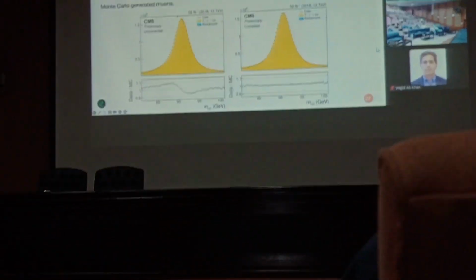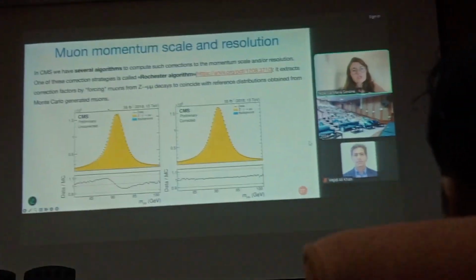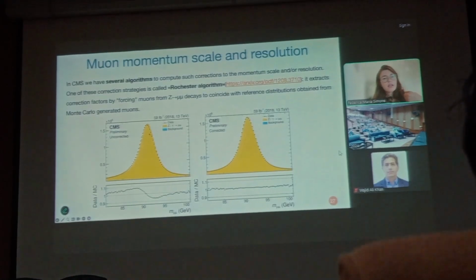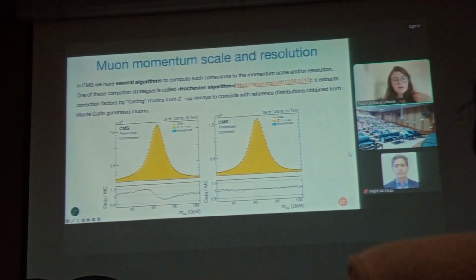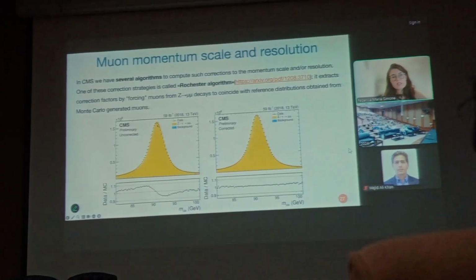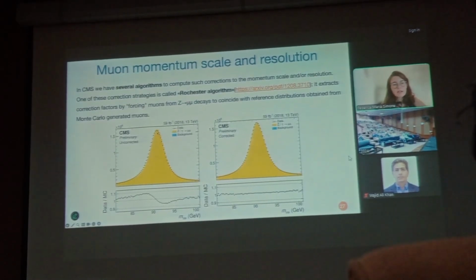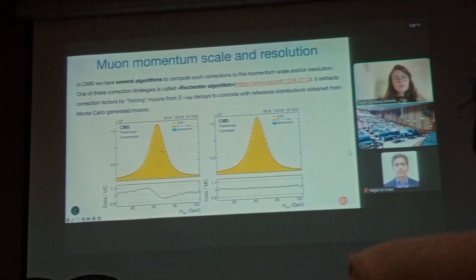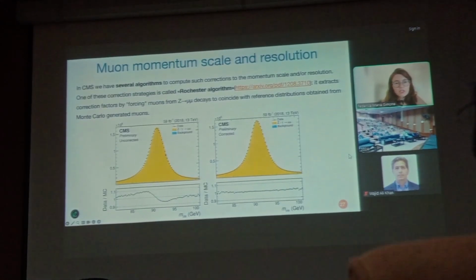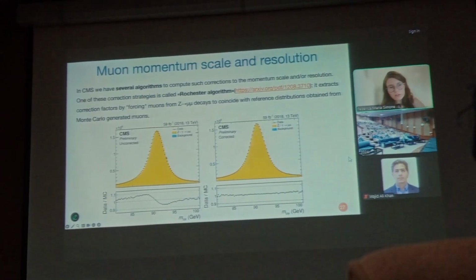And you can see how the distributions look before correction. You can see that the peak in data doesn't correspond to the peak in simulation for the Z, so this is called momentum scale. So you have a deviation, and the widths also are not really matching. This is called the resolution effect.